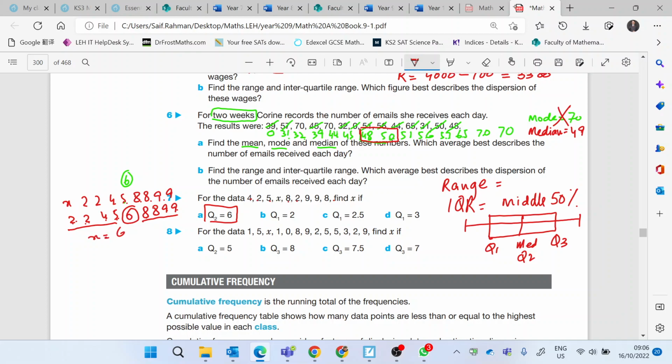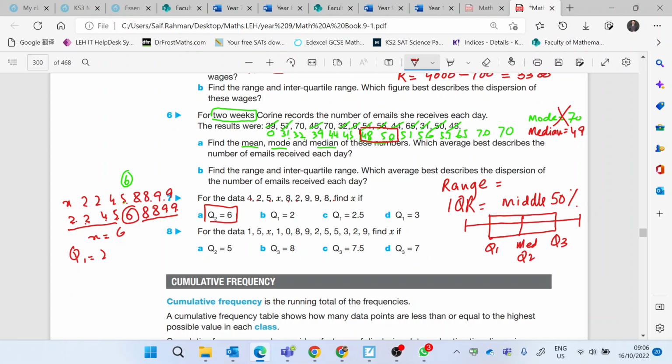If Q1 is 2, so when we put Q1 is 2, in the next question, Q1 is equal to 2. Can x still be 6 if Q1 is 2? Let's see. If this 6 is Q2, what will be Q1?